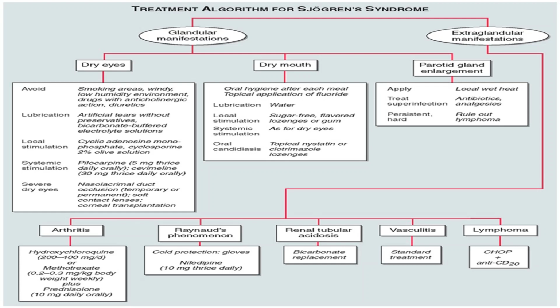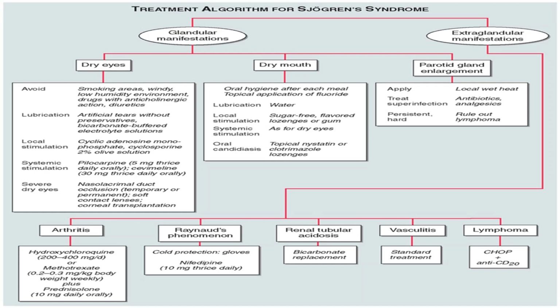When we have glandular manifestation, we think about dry eyes, dry mouth, and parotid gland enlargement. When we have dry eyes, we should avoid smoking areas, windy, low humidity environment, drugs with anticholinergic action, diuretics.